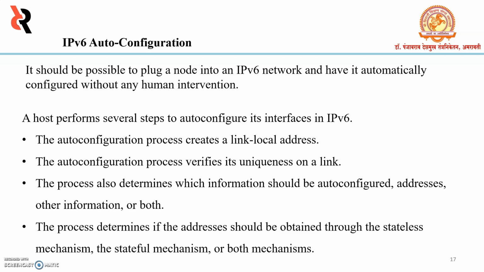Let us see the several steps to autoconfigure its interface in IPv6. The host first creates a link local address for itself. This is done by taking the 10-bit link local prefix, that is 1111 1110 10, adding 54 zeros, and adding the 64-bit interface identifier, which any host knows how to generate from its interface card.